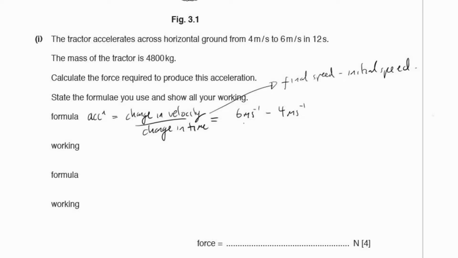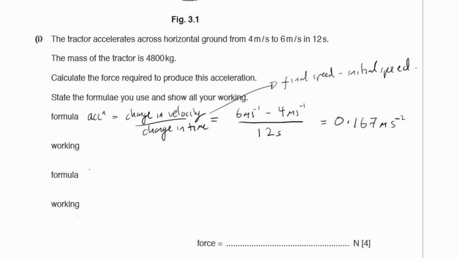So, 6 meters per second minus 4 meters per second over the change in time, we're given 12 seconds, which gives us then a value of 0.167 meters per second squared.